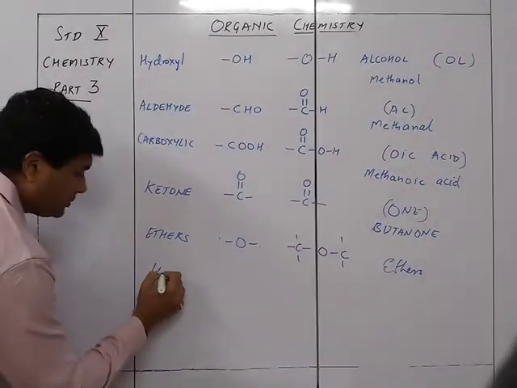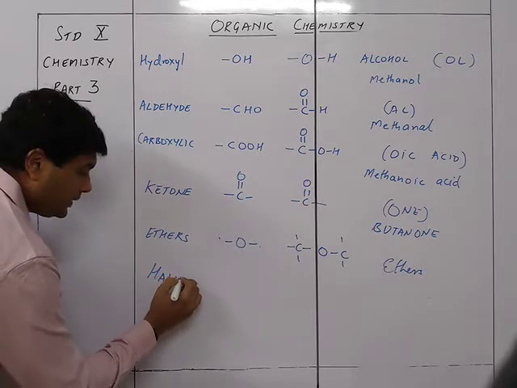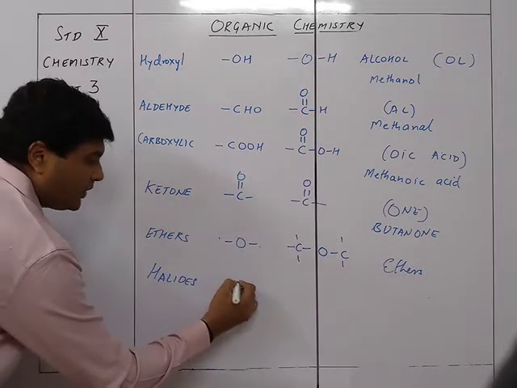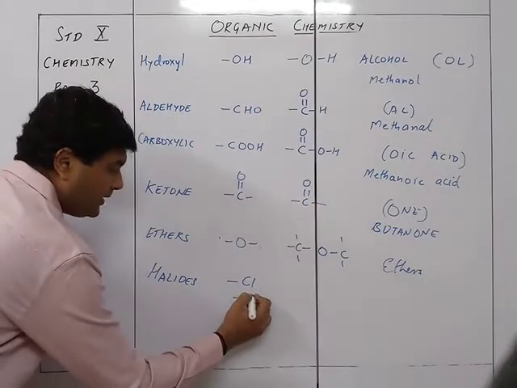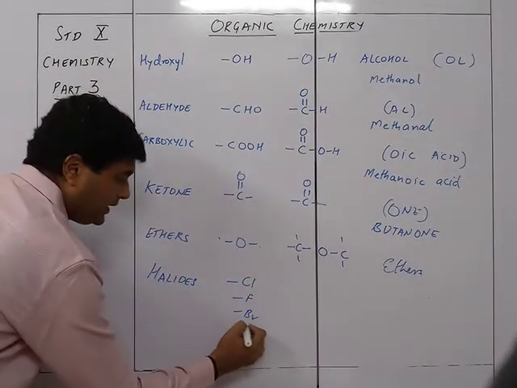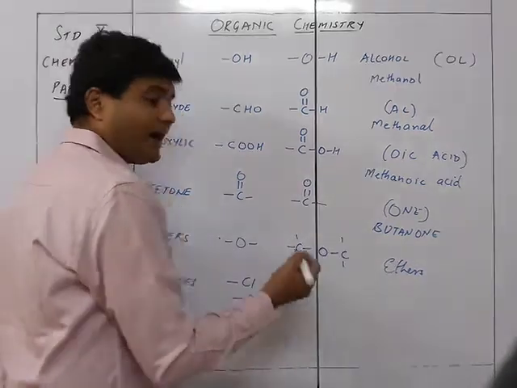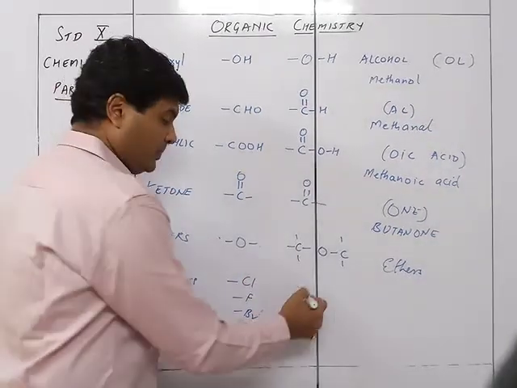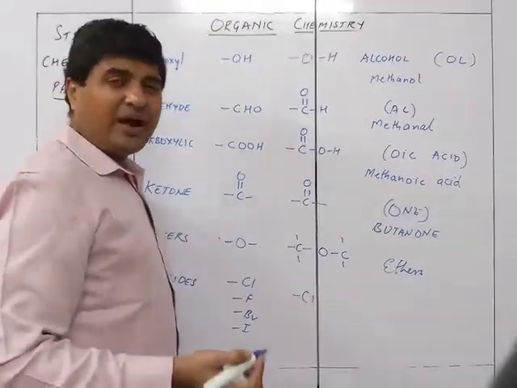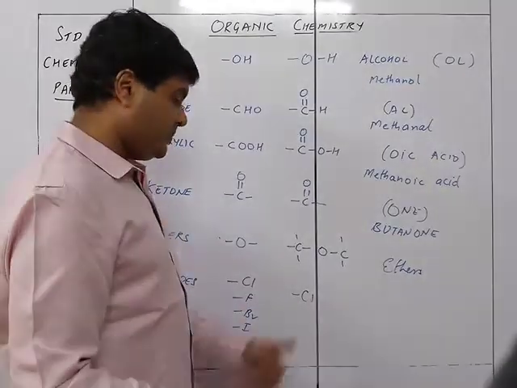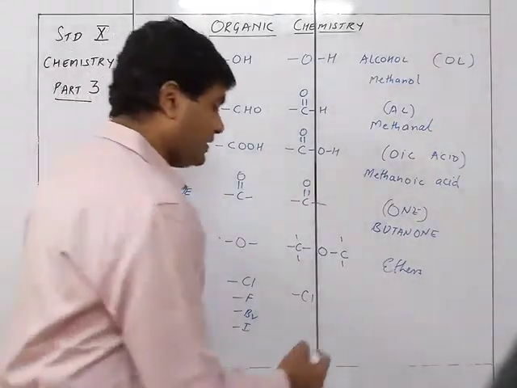The next one over here are the halides. Halides are the ones which are going to be like chlorine, fluorine, bromine, iodine. So these are the ones where, replacing the hydrogen of any carbon, they are going to be some chlorine over here. So if hydrogen is replaced by a halogen, it will be like this, and they will have a prefix.